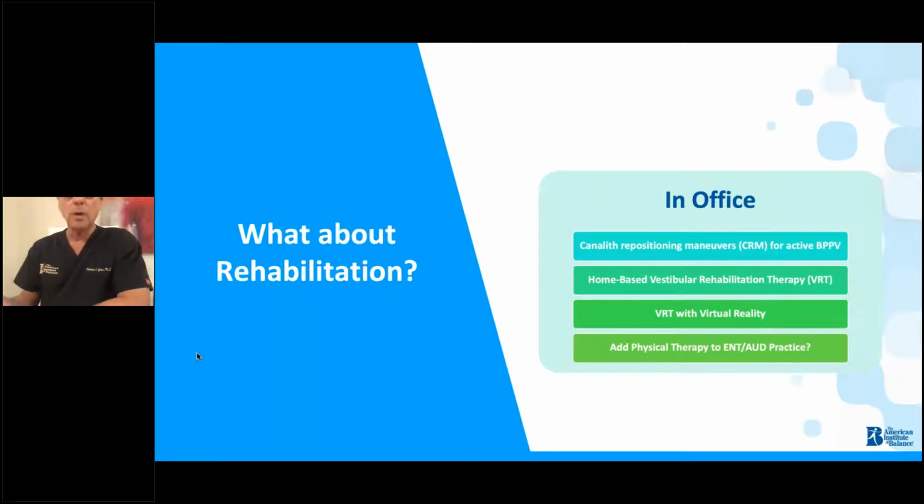So if you're treating patients, if you will, from the neck up because of BPPV and uncompensated unilateral vestibular dysfunction, you absolutely can do vestibular rehabilitation and you can charge for it. You may have to have the patient sign an ABN, but you certainly can do it.